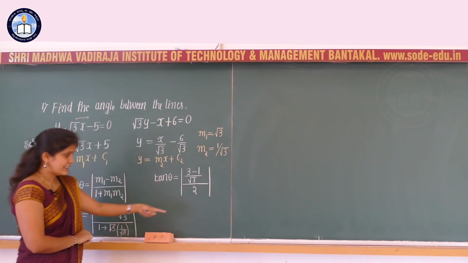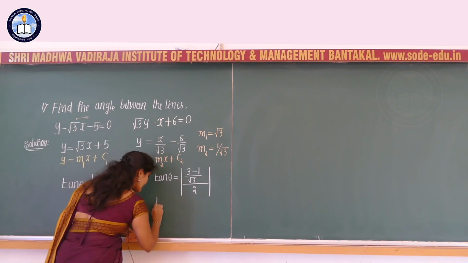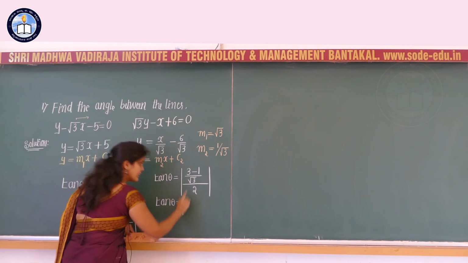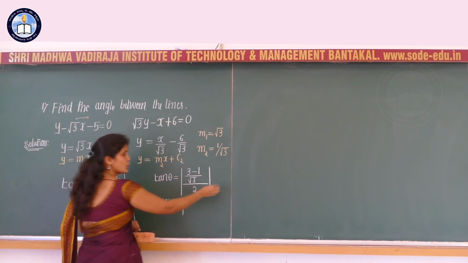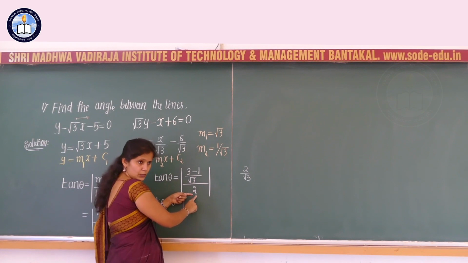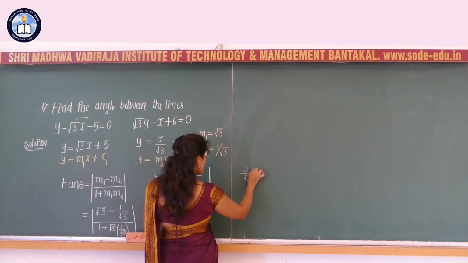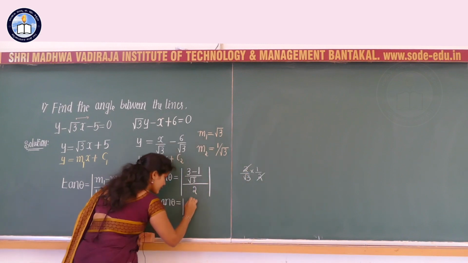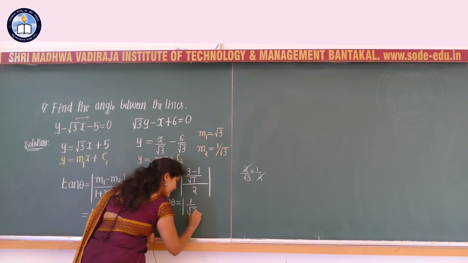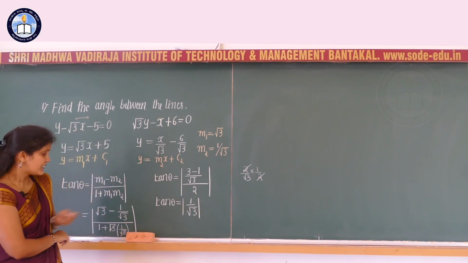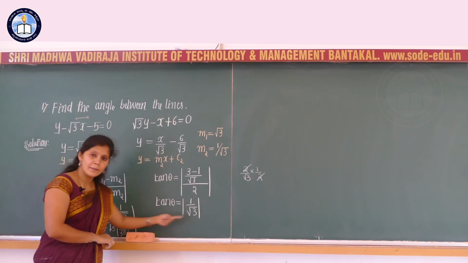You can directly write the answer, no problem. So this tan theta can be written as 3 minus 1, that is 2 divided by root 3, whole divided by 2, or when that goes to the numerator, we can write it as into 1 by 2. 2 cancels with 2, and the remaining term is 1 divided by root 3. Tan theta is equal to 1 by root 3.